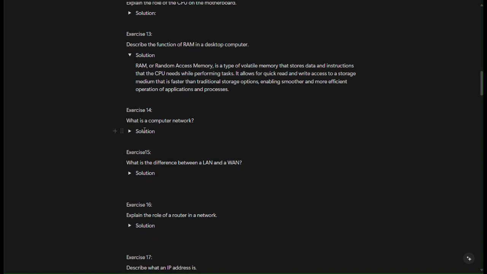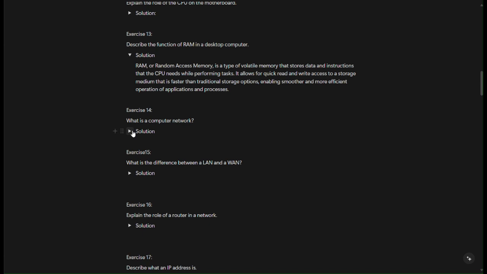Number 14. What is a computer network? A computer network is a collection of interconnected devices that communicate and share resources such as data, files, printers, and internet connections. It can be a number of computers that are connected to each other to share data, information, images.